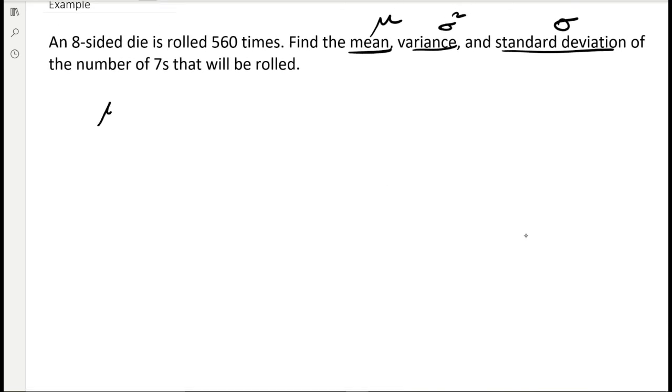So if we want to find the mean, well, the number of trials is 560. And the probability of success here for the number of 7s is 1 out of 8, because there's only one 7 out of 8 numbers on the 8-sided die. So we have here 560 times 1 out of 8.